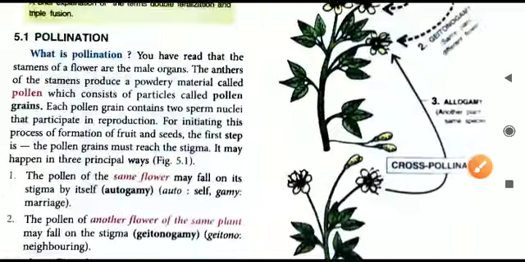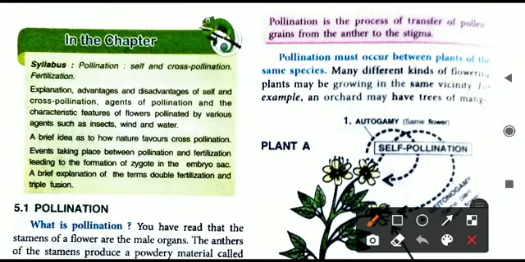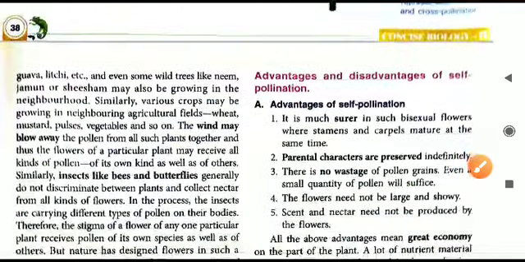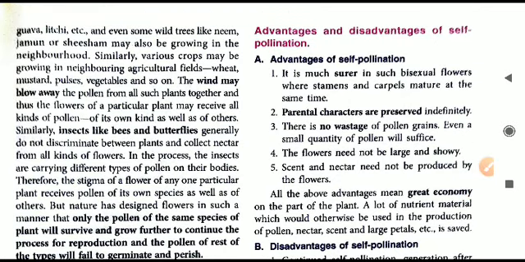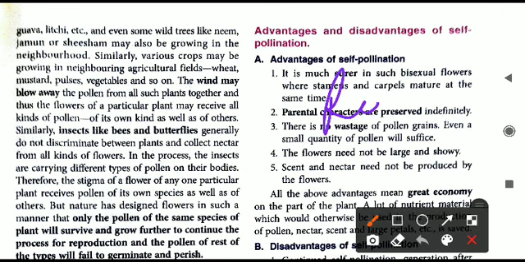That is all. The next topic is that pollination must occur between plants of the same species only. As I already told you, pollination will not take place between different species of plants. Pollen grains may be released openly in the air and they may land on another species. For example, a rose flower will release its pollen grains into the open air.